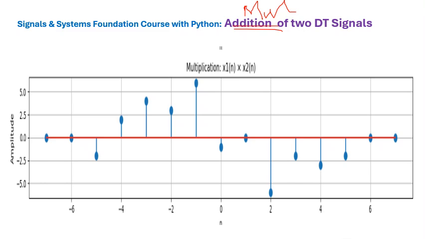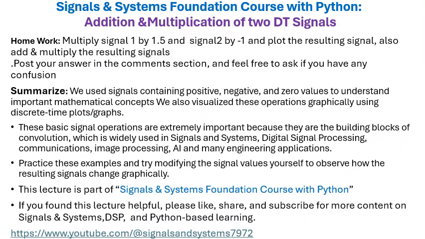And again this is the value of 3, and this is minus 3, and this one is I think minus 4. So that's all about the addition and multiplication of the two discrete time signals.